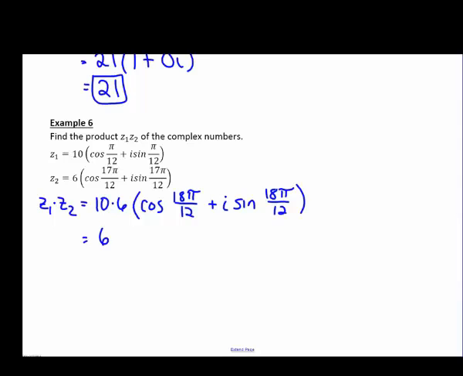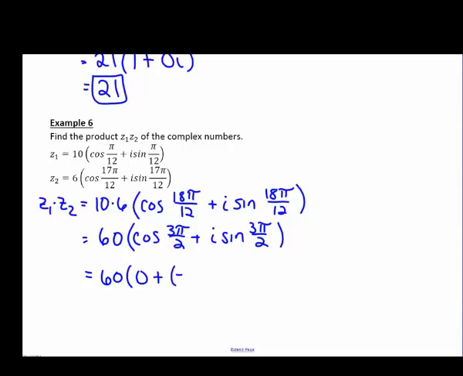So 10 times 6 gives us 60 times cosine. And that's going to simplify to 3 pi over 2. That'll just make it a little bit easier for us to figure out what those values are. And so the cosine of 3 pi over 2 is 0, and the sine of 3 pi over 2 is -1. And so we end up with -60i.